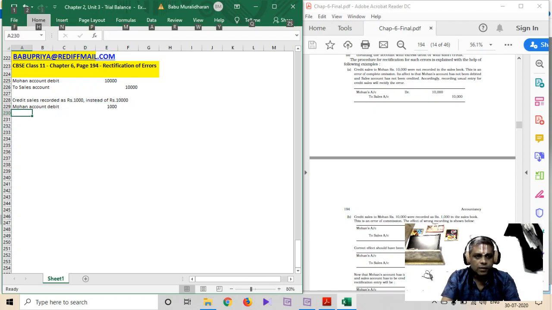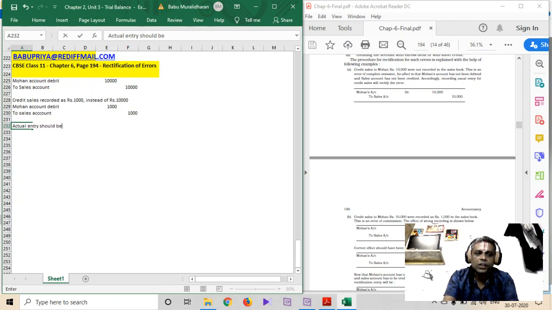This is what has got processed. Rather, the actual entry should be Mohan account debit to sales account 10,000.